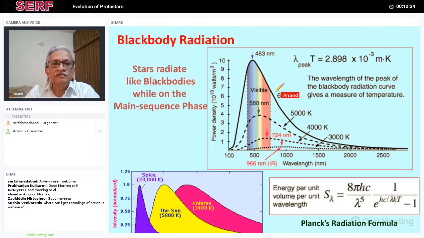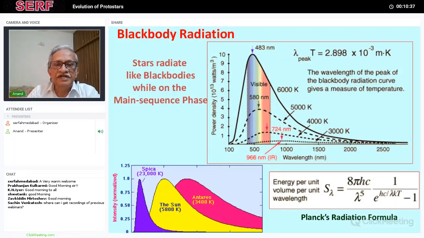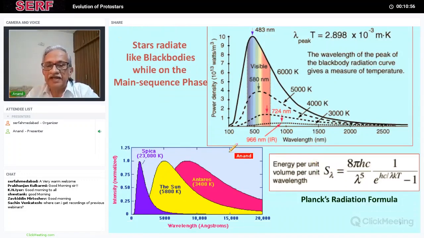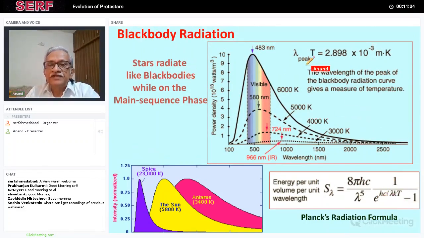Now, stars, we believe, blackbody radiation, you all perhaps studied in your graduate and postgraduate studies. Stars radiate like black bodies while on the main sequence phase. Also in the pre-stellar course, we have shown that they are very cold bodies radiating as black bodies. So basically, this is the equation for the Planck function, B lambda is equal to so and so. And the peak value, lambda peak, that means this curve peaks at a particular lambda or frequency depending upon the temperature.